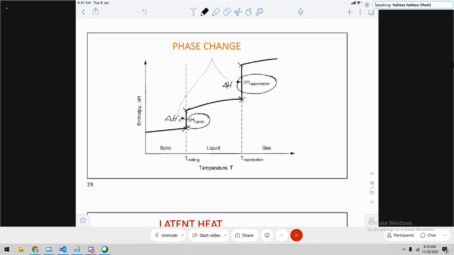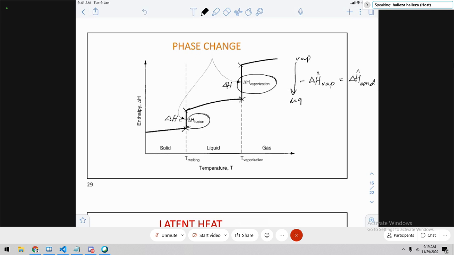You can see there's a very big difference in the change of the enthalpies. If you're going from vapor to liquid, that will be negative enthalpy of vaporization. This will be condensation, enthalpy of condensation.